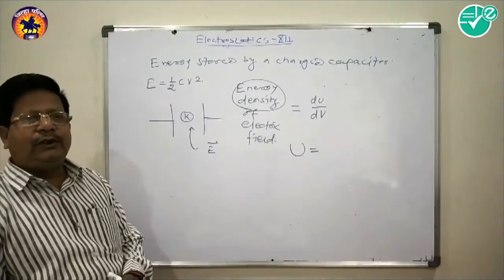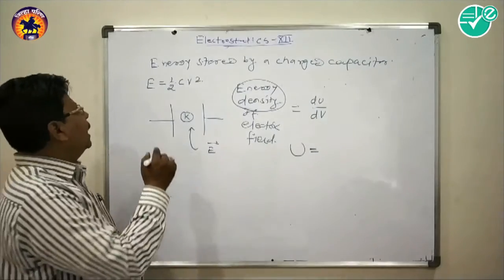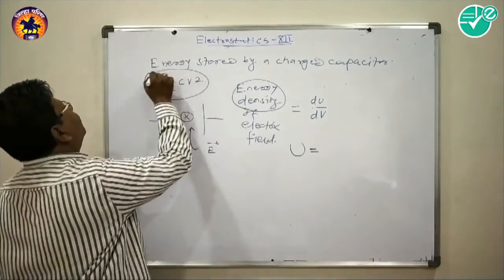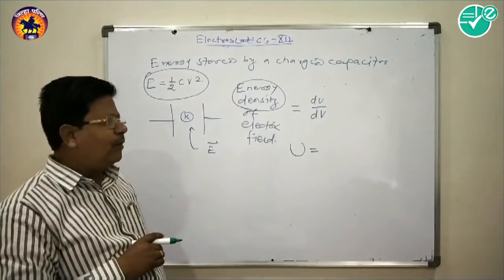So energy density U is equal to, as we know that the energy stored by the capacitor is 1 by 2 CV square.